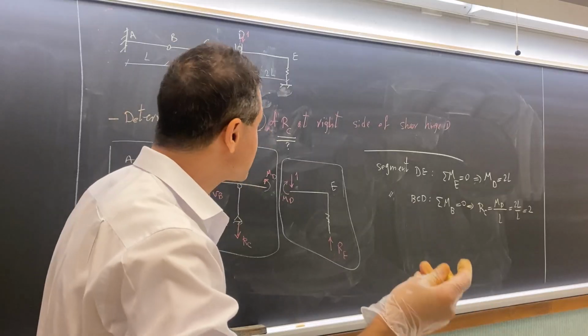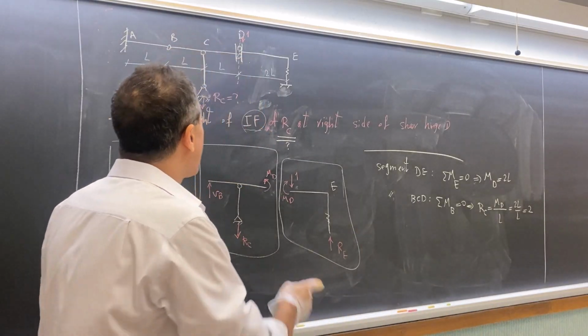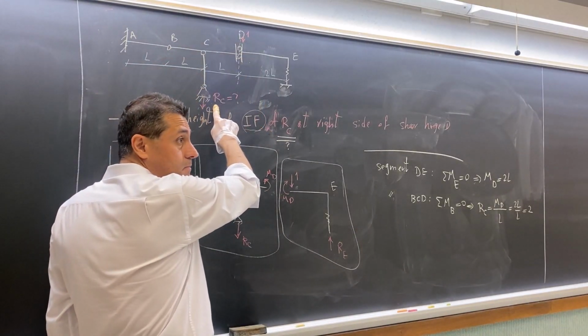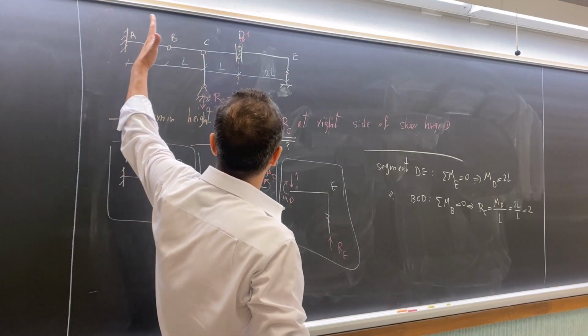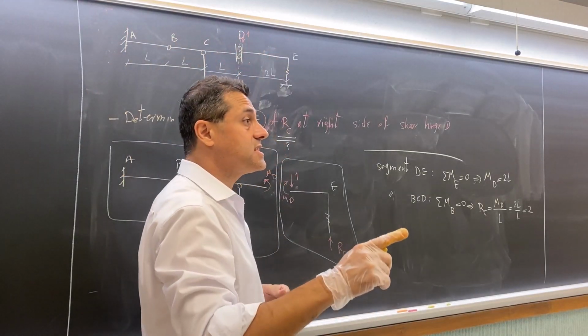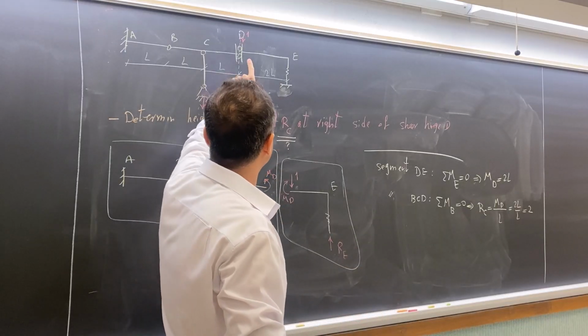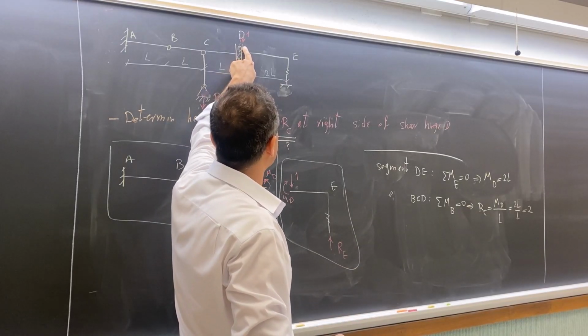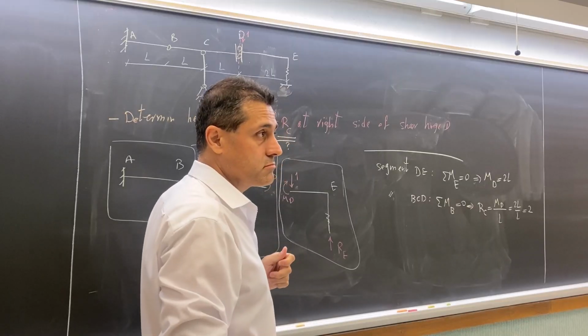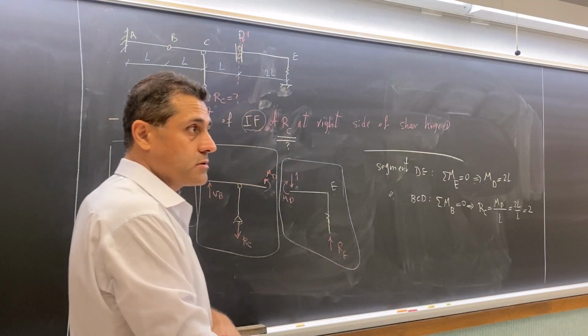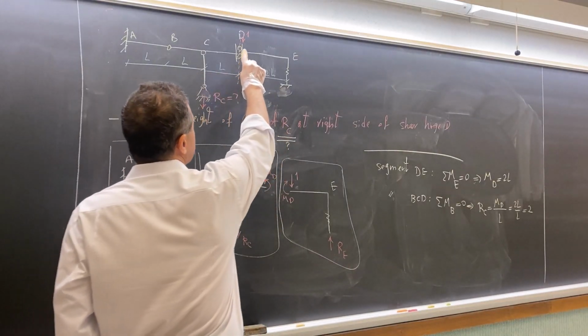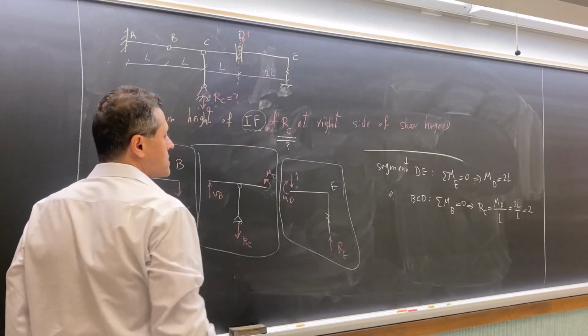The question is asking about the influence line for RC. And the unit load is just moving on this structure, but the question said when the unit load is right at the right side of D. So it could be confusing. You place the unit load at right side of D, you find RC.